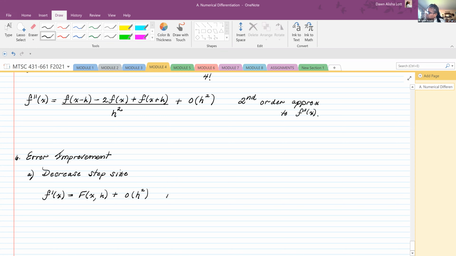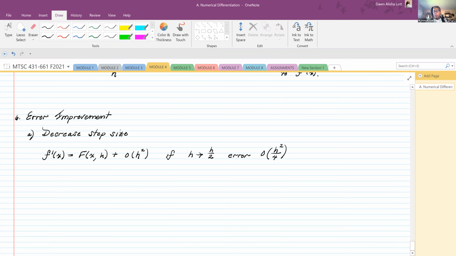So if h becomes h over 2, then your error becomes order of h squared over 4. So notice it decreases by 4. And you can do that with any order.